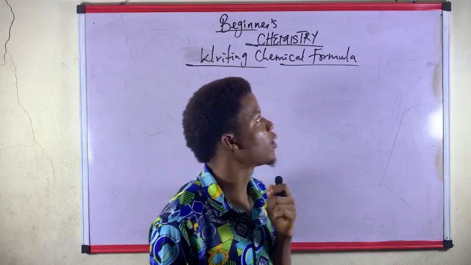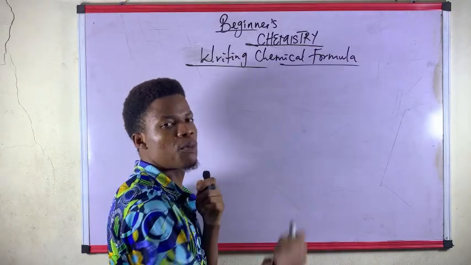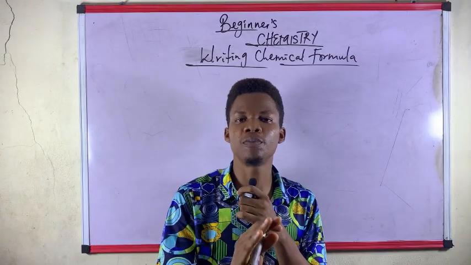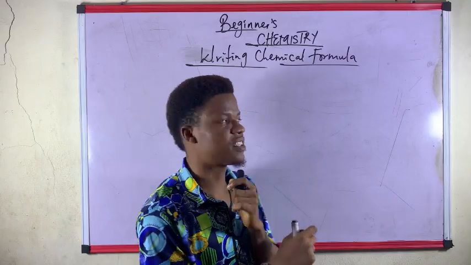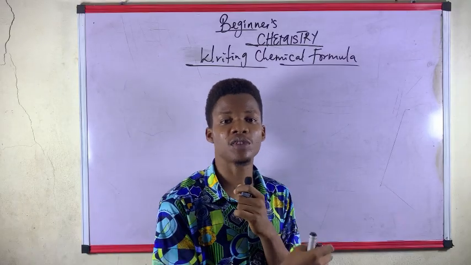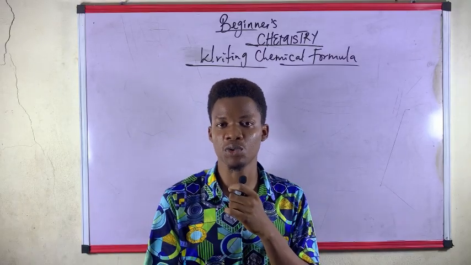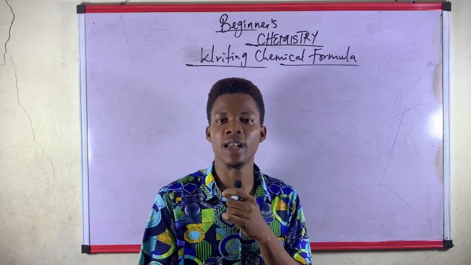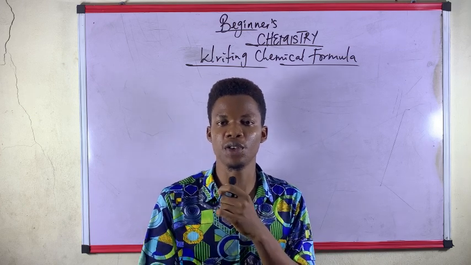But if you don't know how to write chemical formula, please don't be scared. You have the secret here. And if you already know how to write chemical formula, you can still stay tuned in this video lesson. You never can tell, you might learn one or two things from this video.